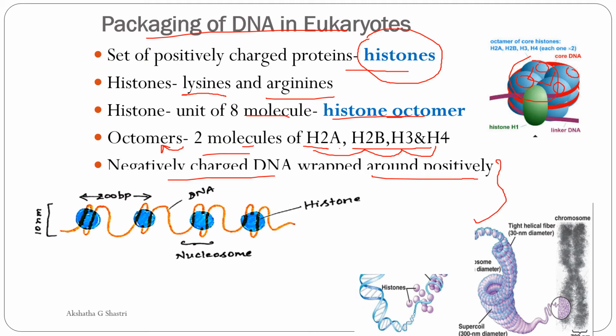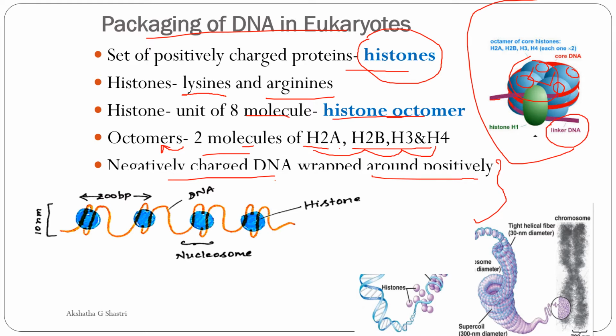The negatively charged DNA is wrapped around the positively charged octamer to form a structure called the nucleosome. This nucleosome contains around 200 base pairs of DNA helix. Then you can look at the stretch of DNA called linker DNA.